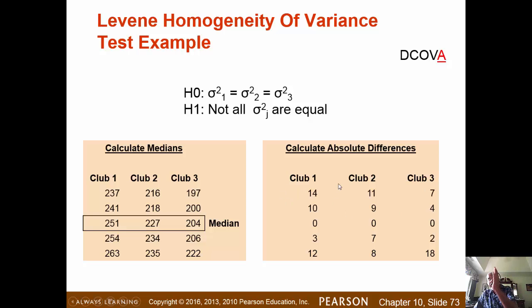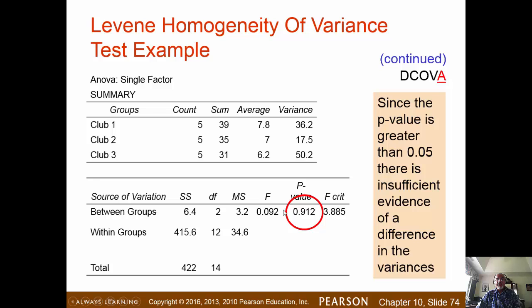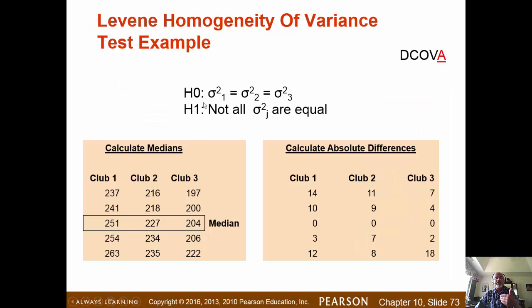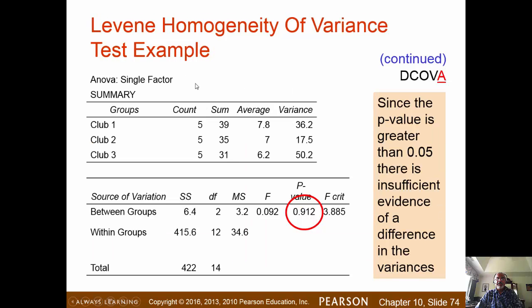Now you run the analysis of variance procedure on this transformed data. Then if the p-value is less than or equal to 5%, you'll reject the null hypothesis that all the variances are equal. Otherwise you will not reject. So this is the basis for the test, and let's go to Excel and complete the test.